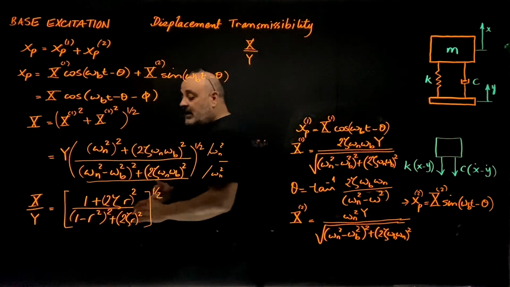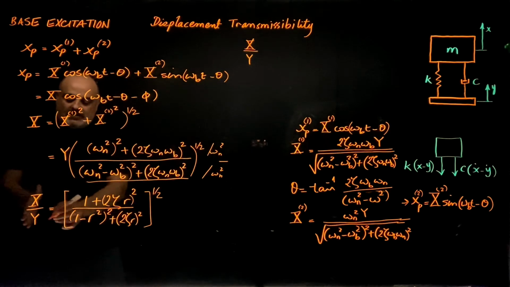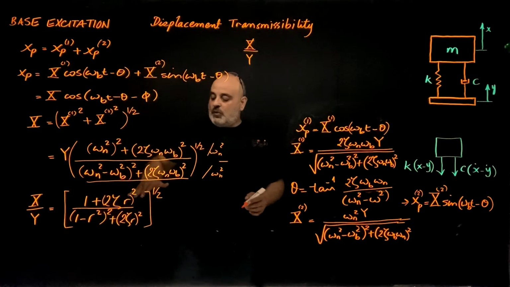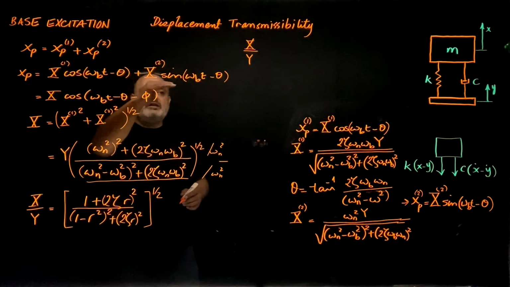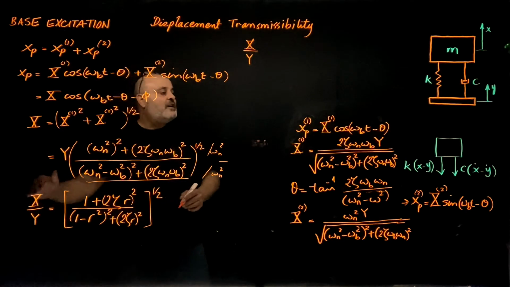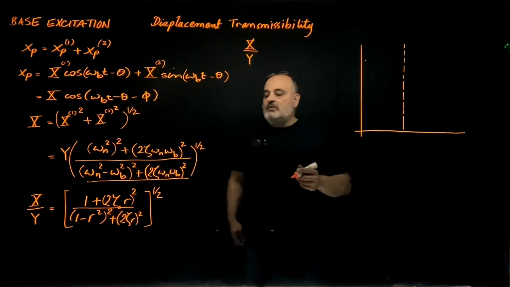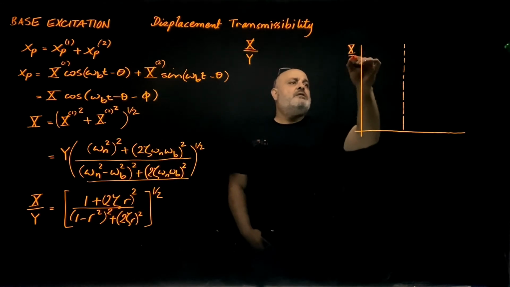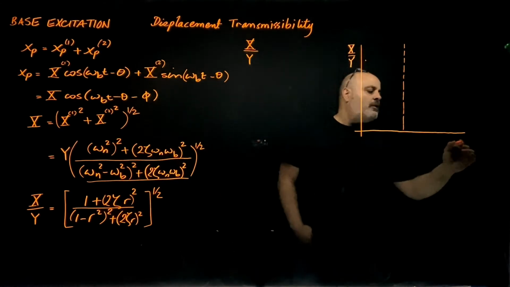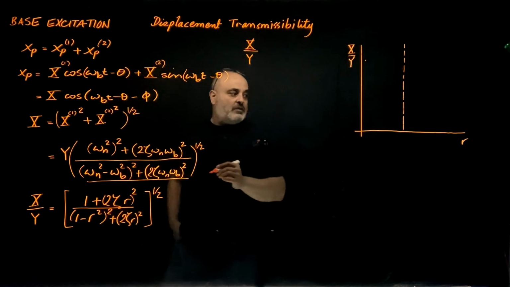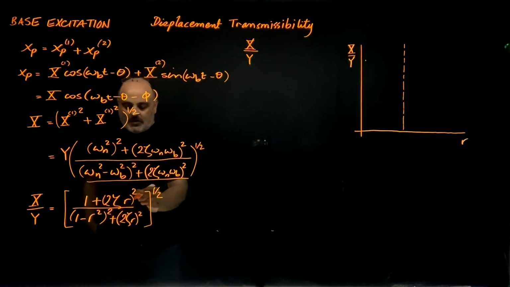And now I can plot this transmissibility versus the frequency ratio. See what's the effect of the frequency of the base motion on how much the base motion is transmitted to the mass M itself. Now, plotting the displacement transmissibility x divided by y for different values of frequency ratio, we will notice first that when r is 0, all these terms will be 0 and we'll end up with 1 divided by 1.